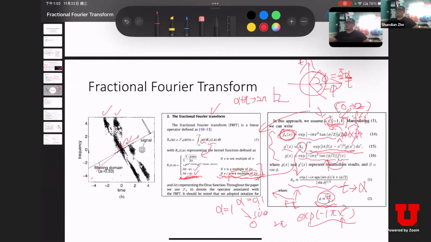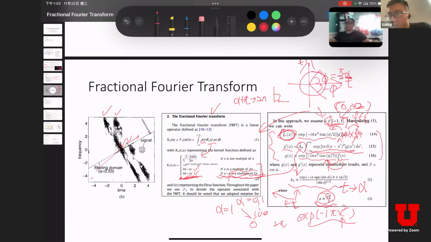right? So equations 1, 2, 14, 15, 16 are just a way to compute equation 1. Am I right? Can you repeat the question again? I didn't get it. Equation one is the definition of the fractional Fourier transform, right? Yep. And then to compute this fractional Fourier transform, you can use steps 1, 2, 14, 15, 16, as you just talked about, right?